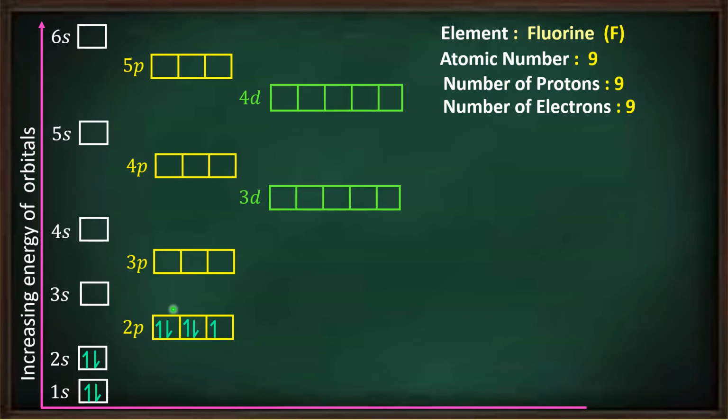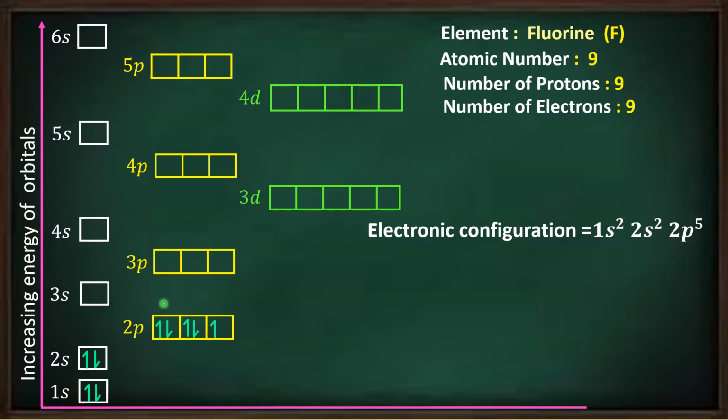Okay, so this is the electronic configuration of fluorine. So 1s2, 2s2, 2p5. In 1s there are 2 electrons, in 2s there are 2 electrons, in 2p there are 5 electrons, isn't it? So here electrons are shown as half arrows pointing upward, pointing downward.